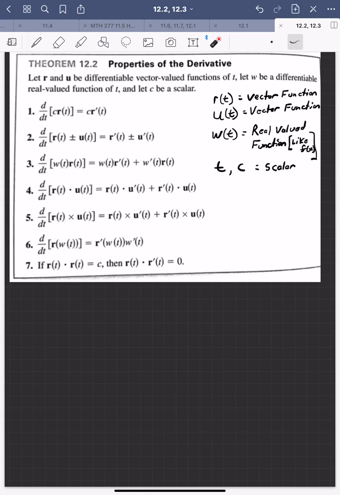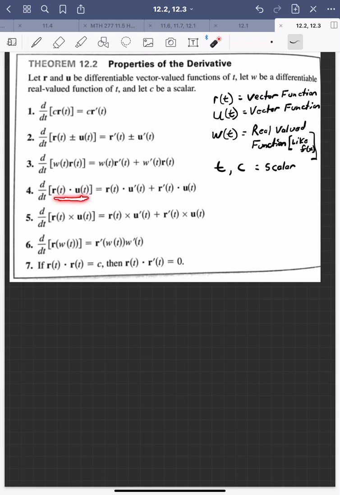So the good news is the majority of your derivative formulas that you had learned in Calc 1 all apply to vector valued functions. Only the things that you have to highlight are the ideas of, say, property 4, property 5. In Calc 1, we weren't dealing with vectors, so you had no practice with, say, a dot product of vectors.